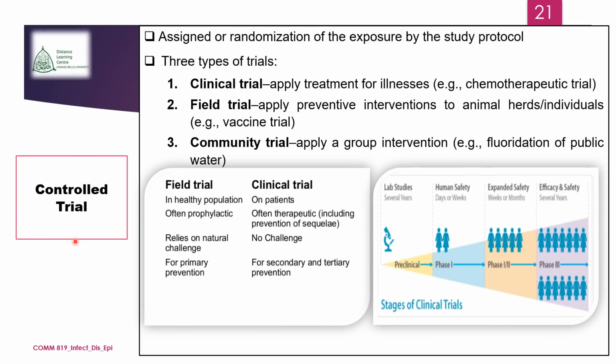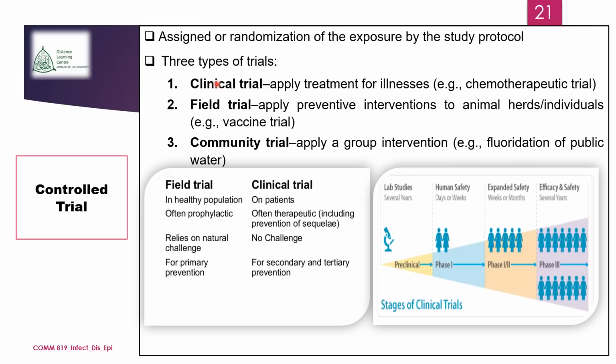Then the final or last of the experimental analytical study research is the controlled trial. For the controlled trial, there is assignment or randomization of the exposure by the study protocol. Mostly these are of 3 types.